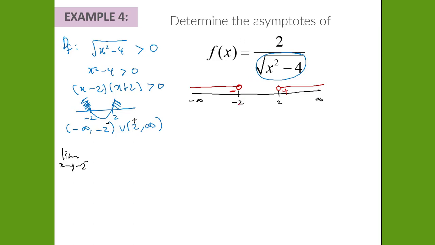So we don't have to find negative 2 from the right and 2 from the left.